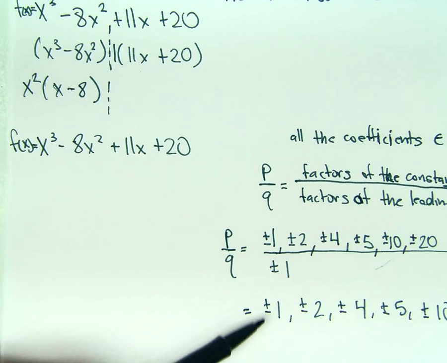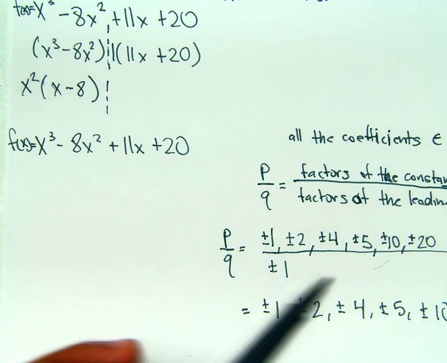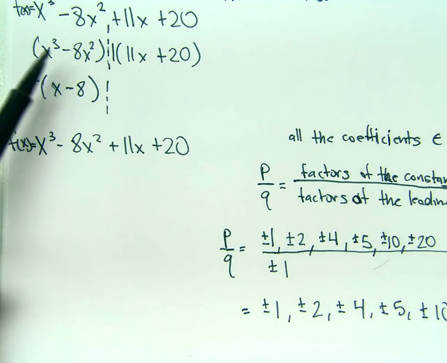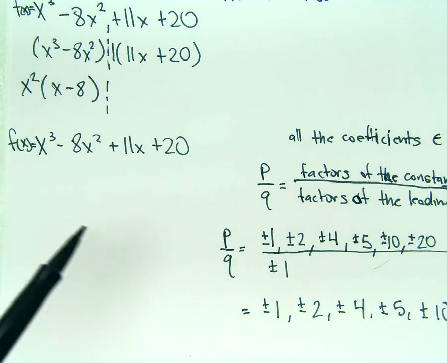What did the rational root theorem give us? Answers. So it gave us these are all the possible solutions or zeros that we can have. So yeah, we can use synthetic division and test these. Okay? So without this, we would have an infinite number of choices or infinite number of solutions to test.